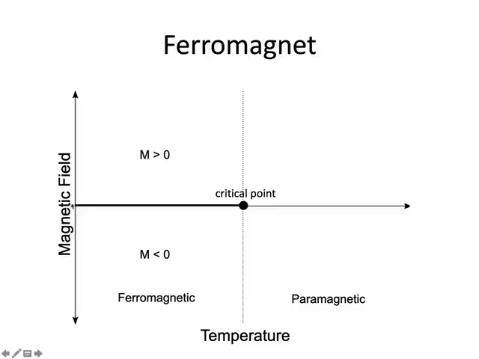If we change the magnetic field, that will change the magnetization of the ferromagnet. But as temperature is raised, then the disorder grows in the magnet, and above a certain temperature there will be no such change in magnetization with the magnetic field.